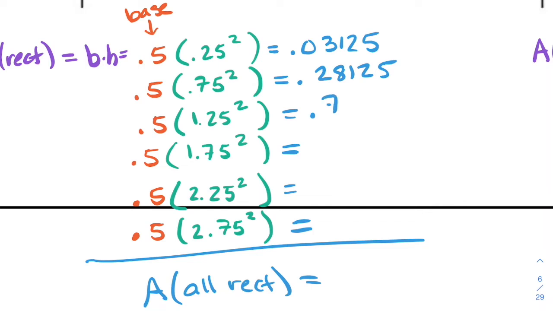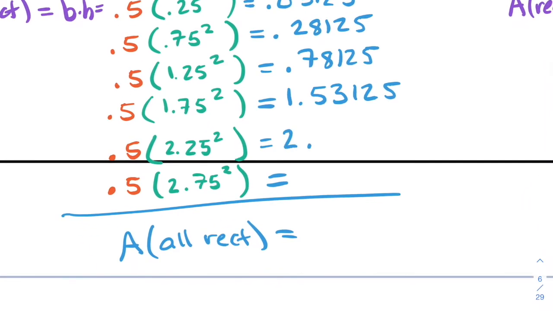Next one is 0.78125. And I just hope I don't make a mistake, because then you'll be lost. 1.53125. Two point 53125.